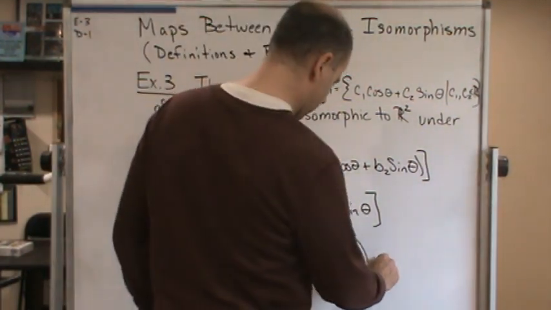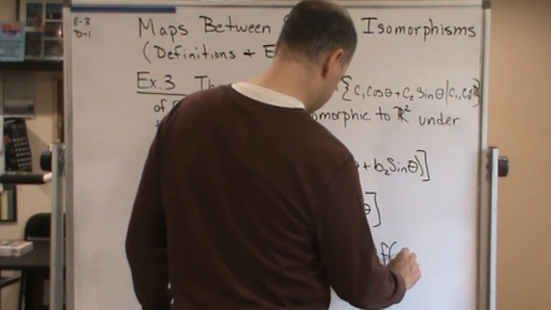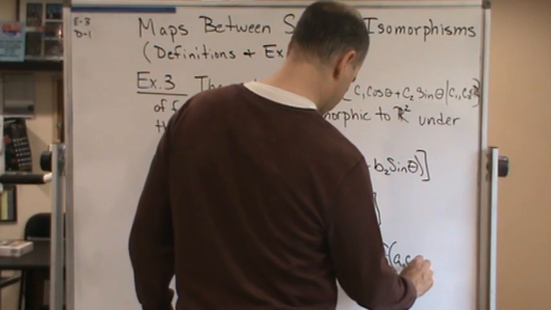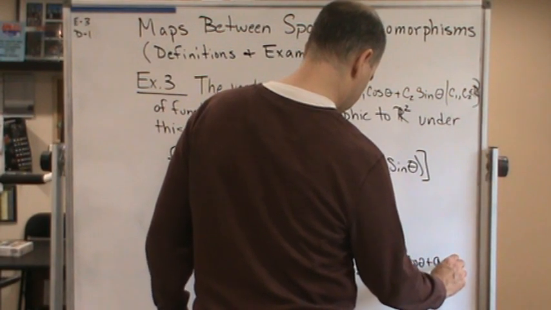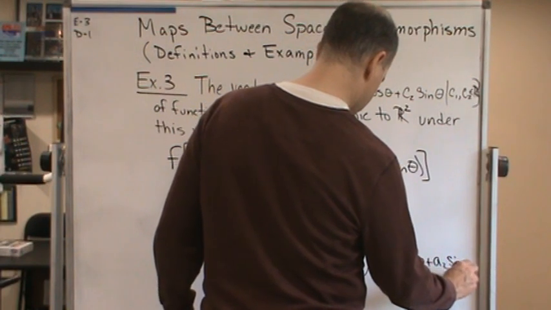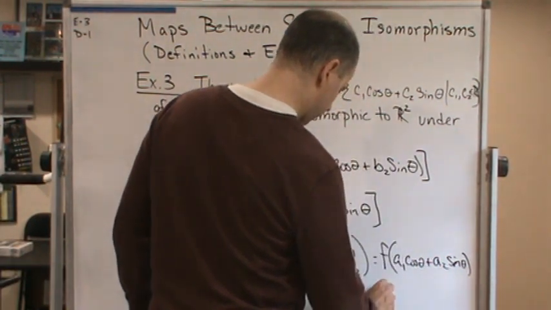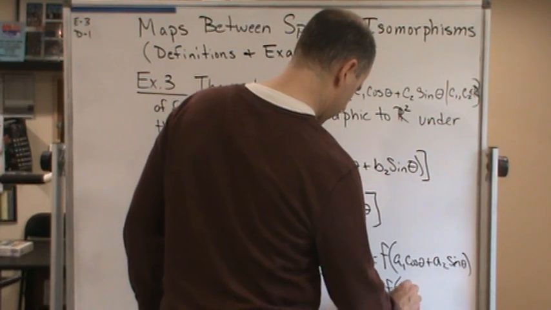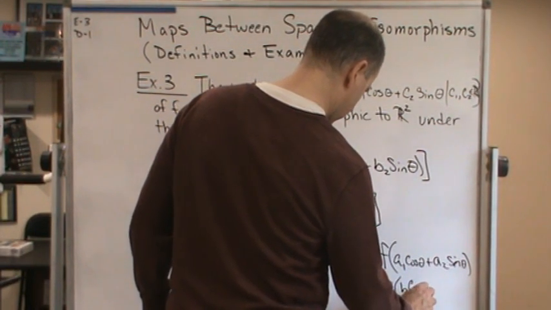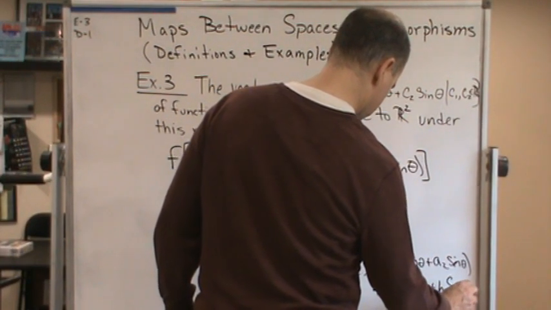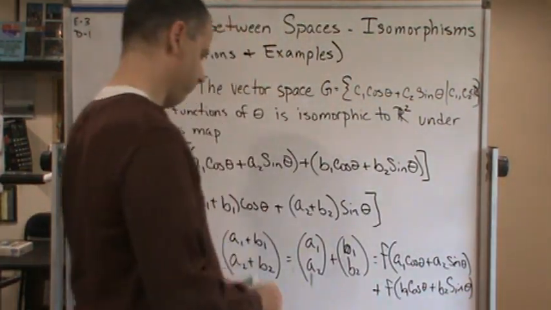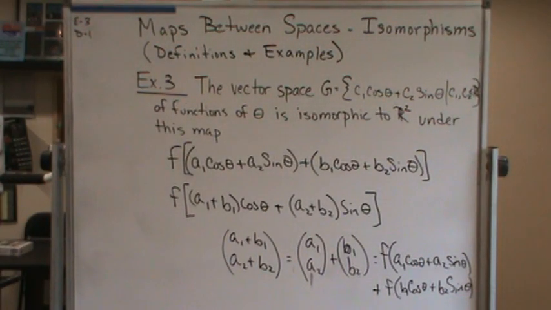So that's equal to f of A1 cosine theta plus A2 sine theta plus the function of B1 cosine theta plus B2 sine theta. And so that's it. We're done with that one.